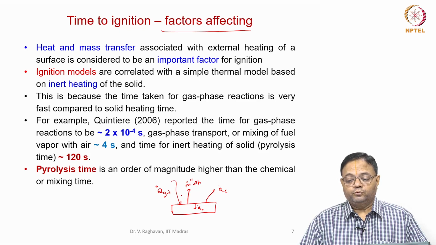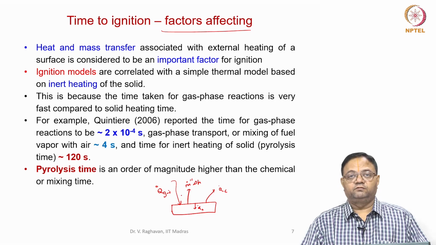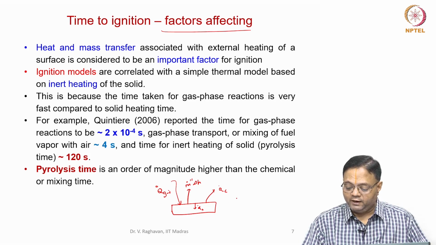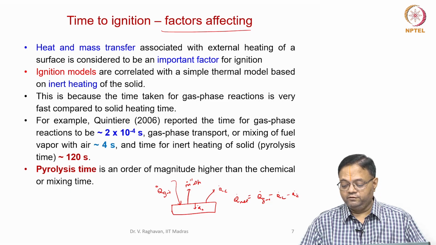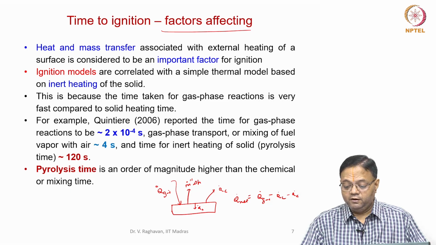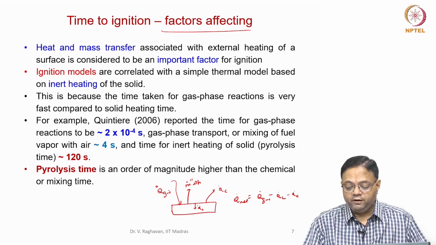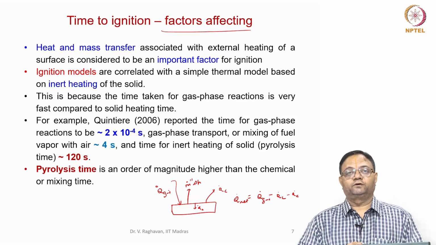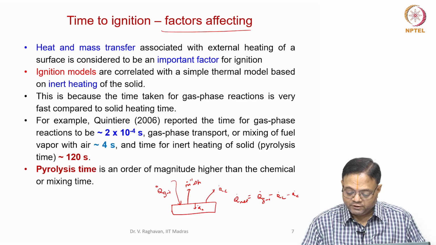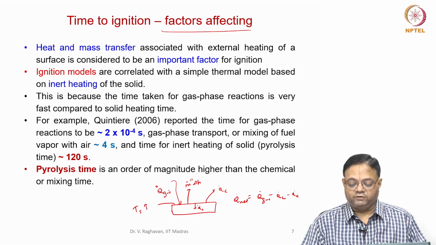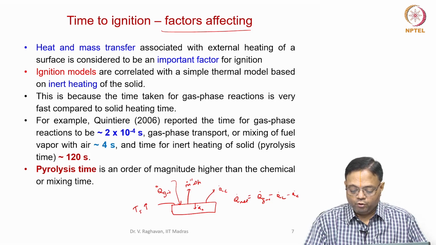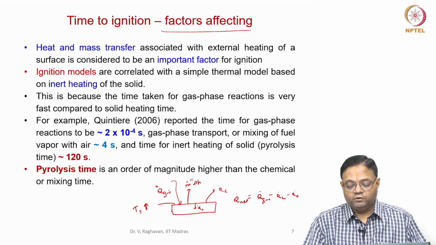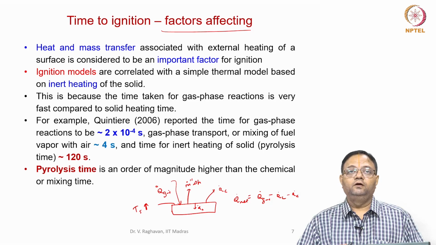Now, when you heat this at a faster rate, for example, if the net heat is higher, then you can release the mass from the surface at a faster rate, and the surface temperature Ts can increase at a faster rate. As I told you, there is no constant temperature for the surface to attain.